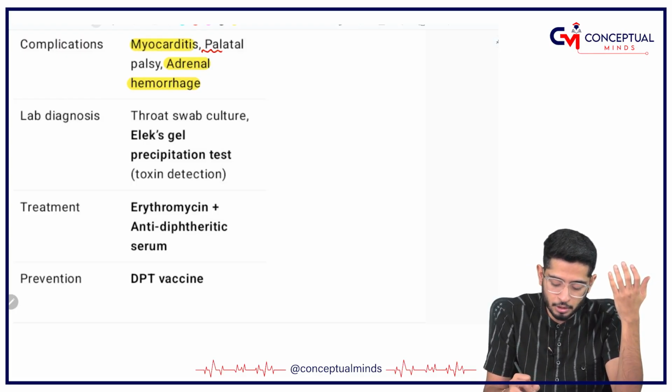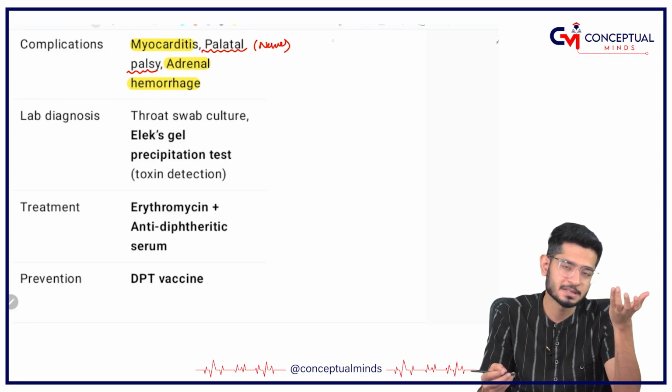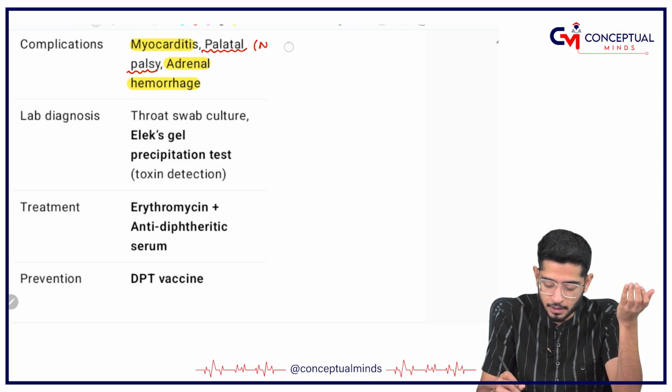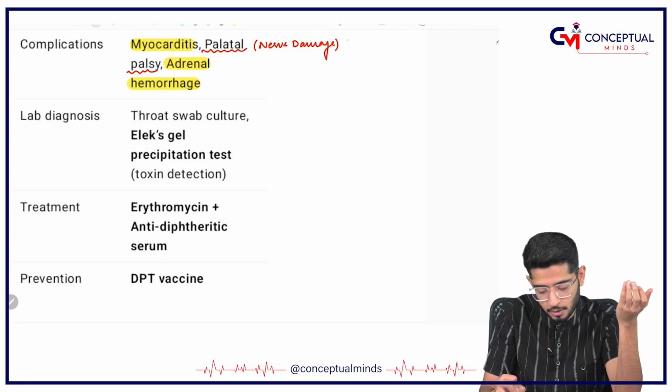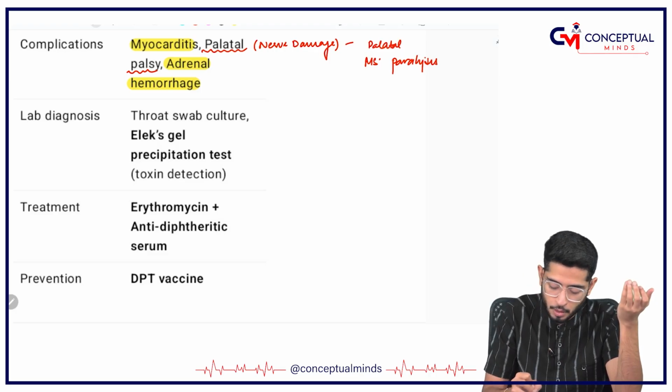The one important complication you should know is palatal palsy, because the nerve is damaged, so the palatal muscles are paralyzed and not functioning properly. So what to remember? Mnemonic MAN.